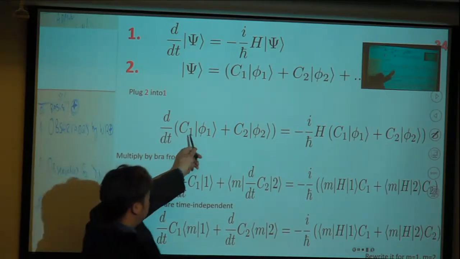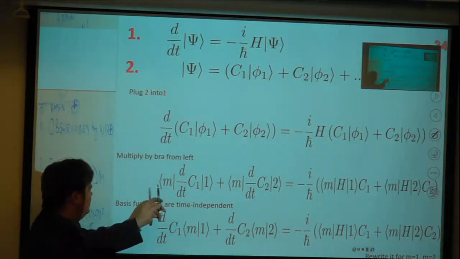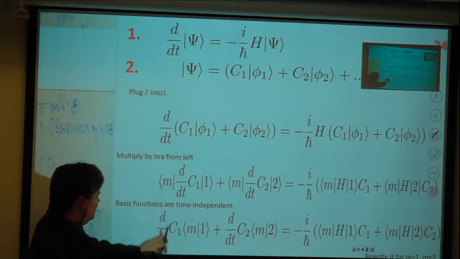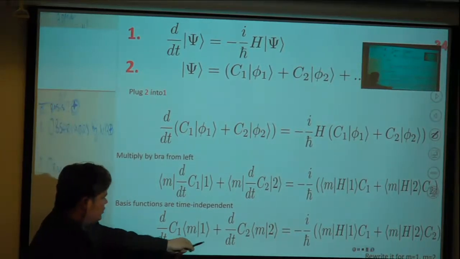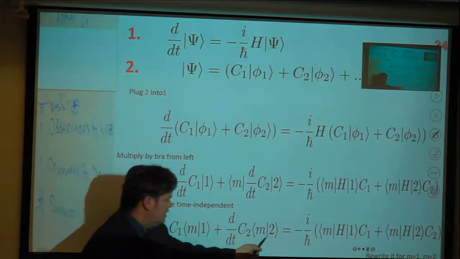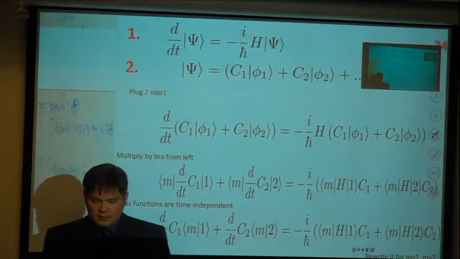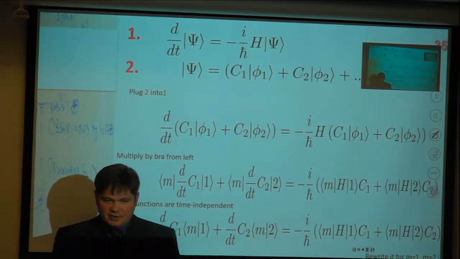So this is where we are: multiply by bra from the left, and make sure that we do not have time dependence of these expansion coefficients. What else is left? Plug in specific values of m.